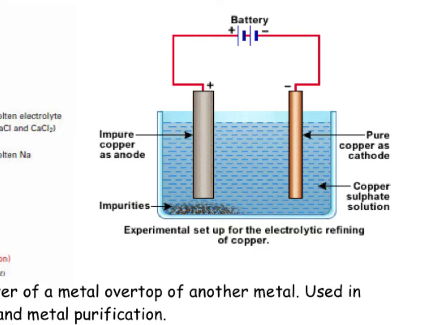If electricity is run through this system where we have a pure copper cathode, we will get oxidation at the anode. That creates more Cu2+ ions. Those can travel across in the container and be reduced into copper solid onto the pure copper rod.